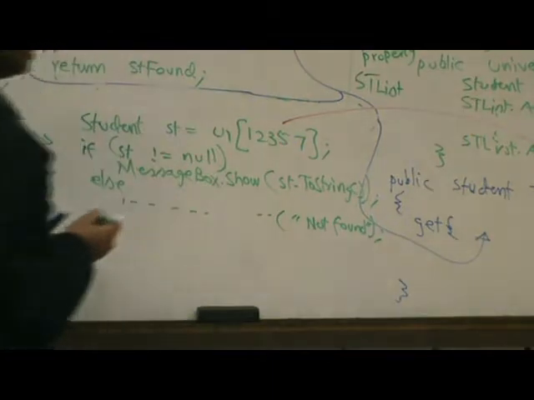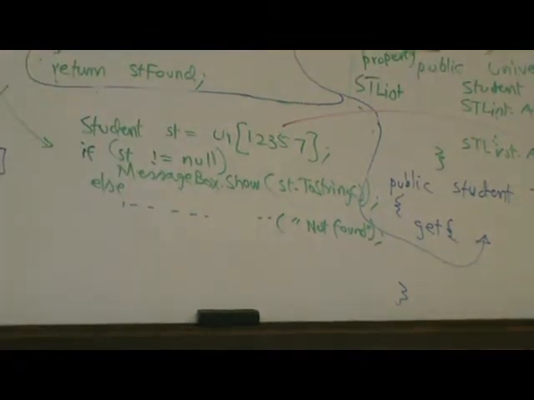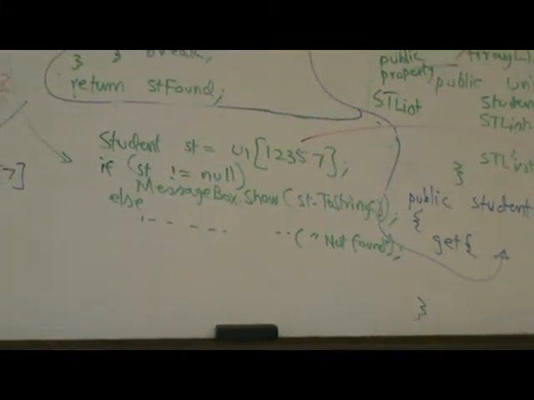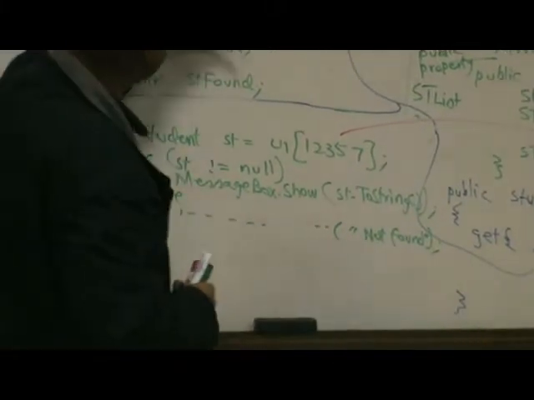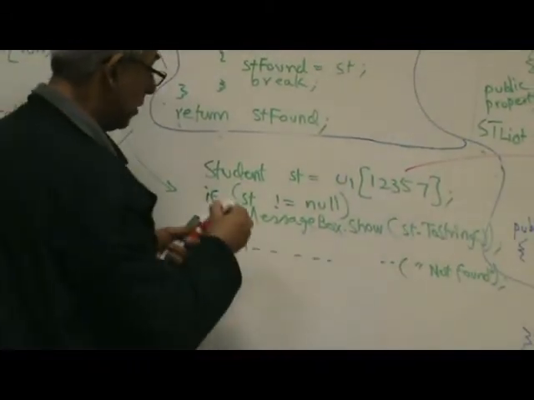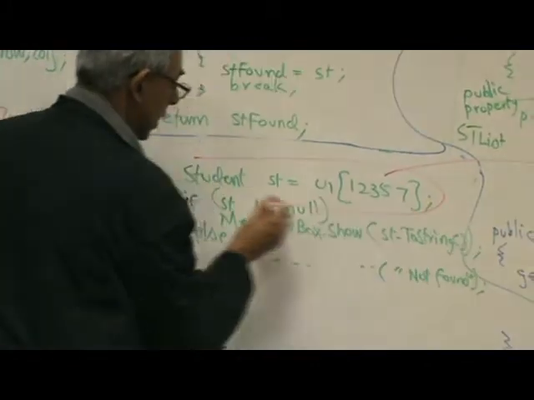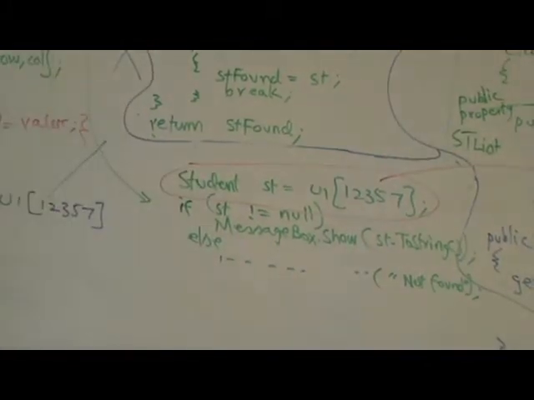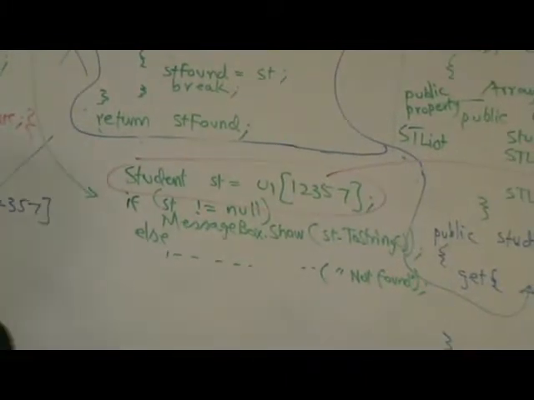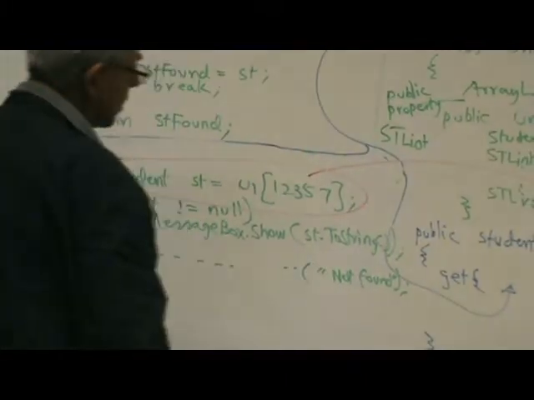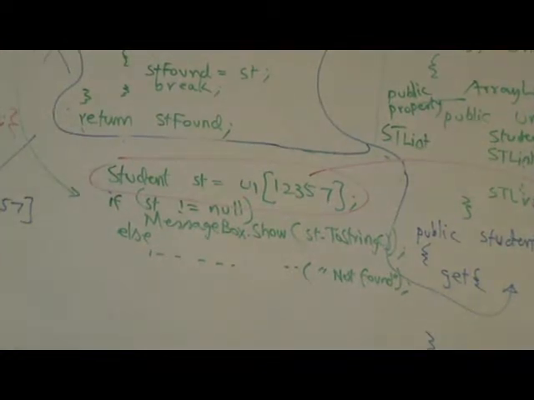In this example, the indexer made our life easy in the sense that even though we are still doing the same searching code, the caller only worries about this part. So the caller's life becomes extremely easy.